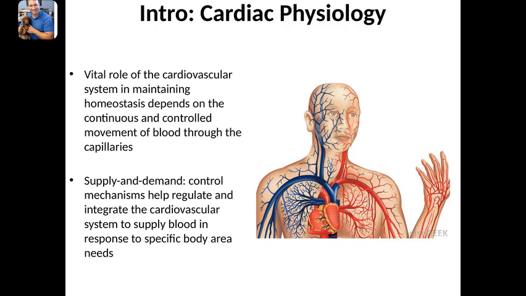What is cardiac physiology all about? It's about perfusion. Perfusion means how much blood flow do we have within the body. So the heart is going to pump, the blood is going to flow throughout the circulation, and it's a matter of supply and demand. If we're taking a jog, well, our skeletal muscles are going to require a lot of our resources when we're doing that physical activity.